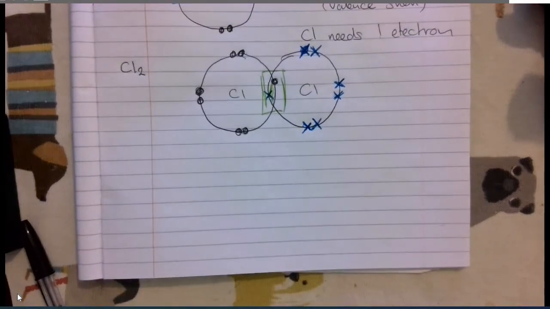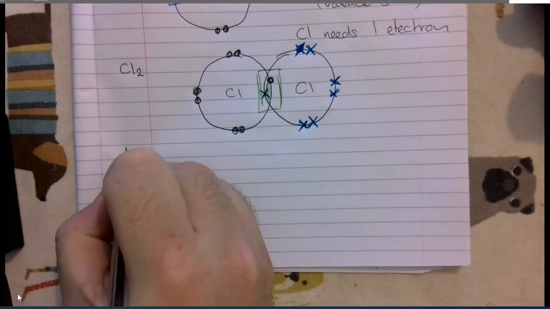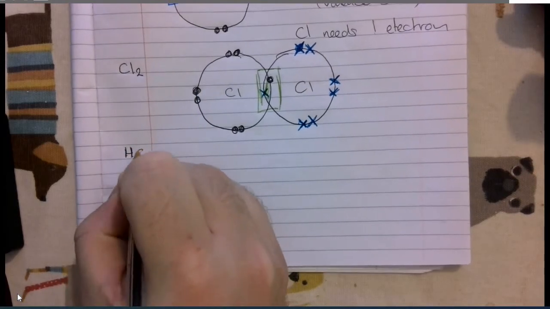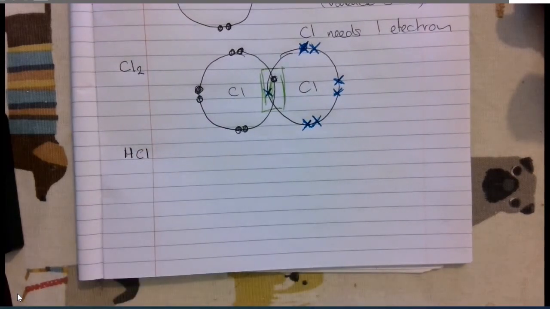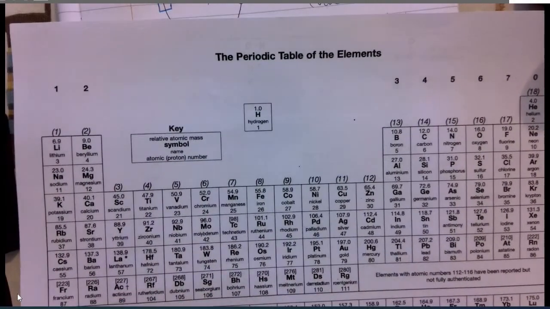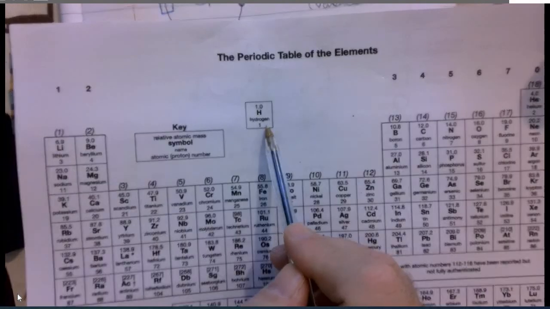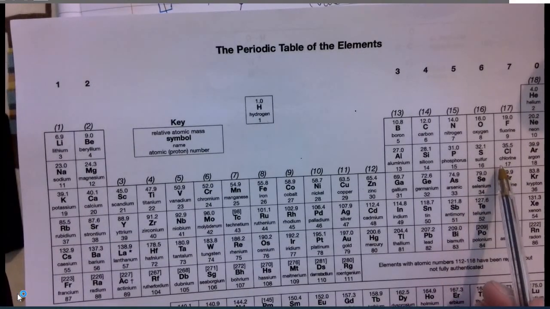Now I'm going to change this around slightly, and I'm now going to give you another covalent molecule. This one is HCl. Now, going back to our periodic table, you find that hydrogen has 1 electron, Cl has 7.